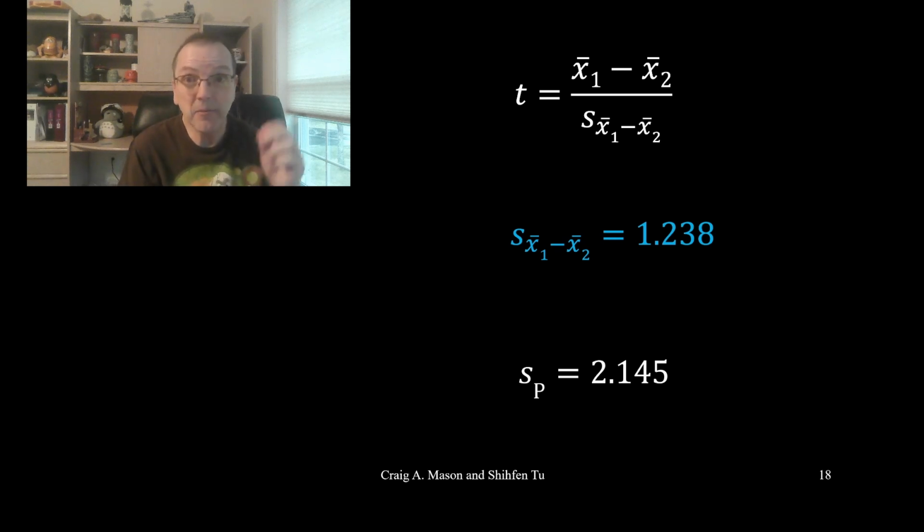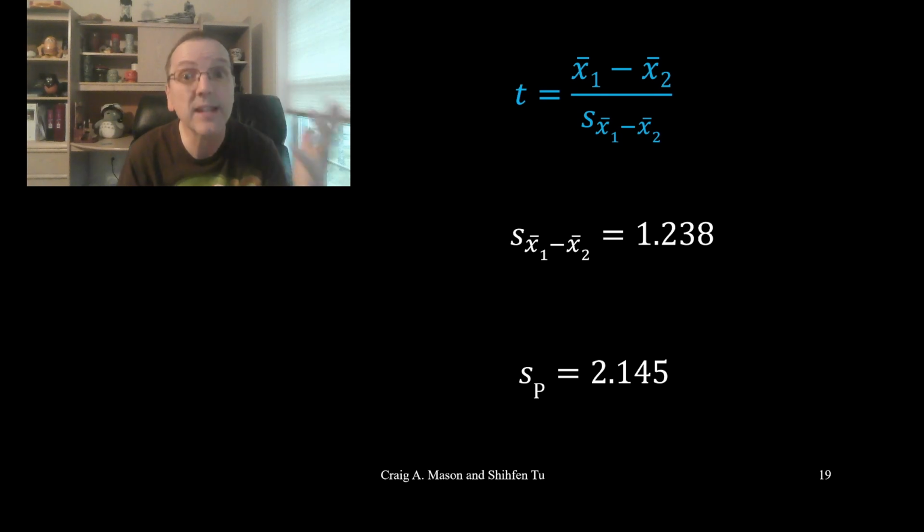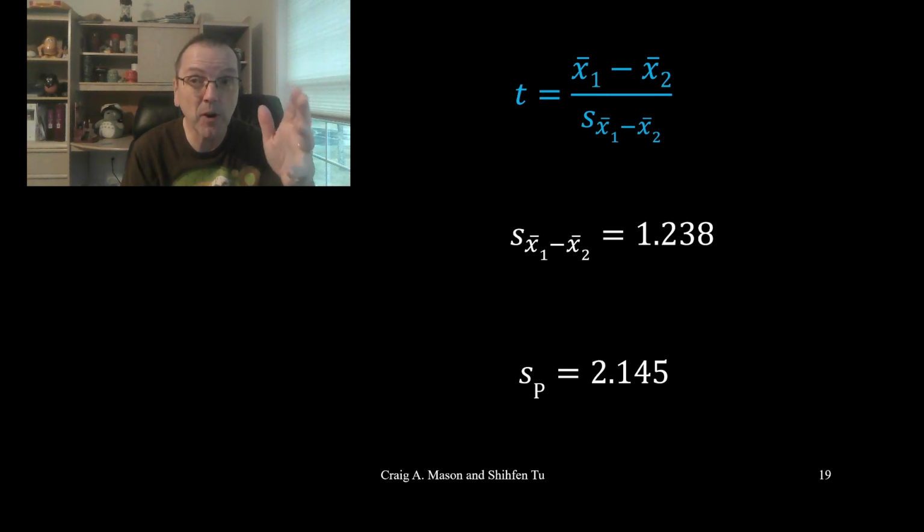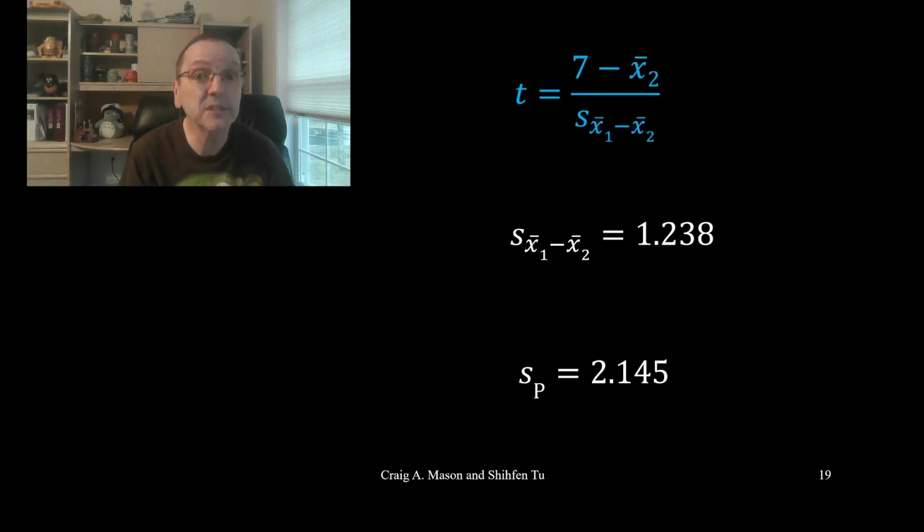At this point, we're ready to calculate our t-score. We take our standard error of the difference in means and plug it into the t formula: x bar 1 minus x bar 2 divided by the standard error of the difference in means. Our mean for sample 1 was 7, and our mean for sample 2 is 5.